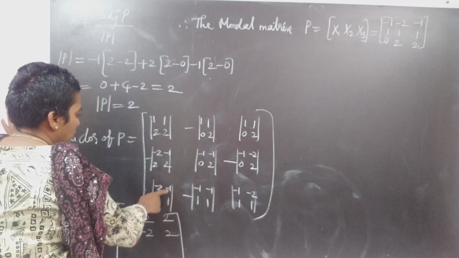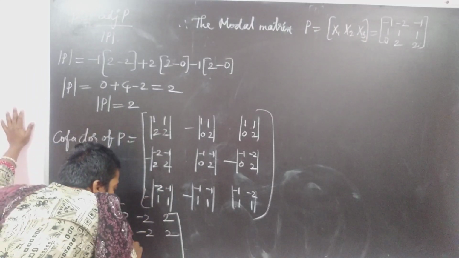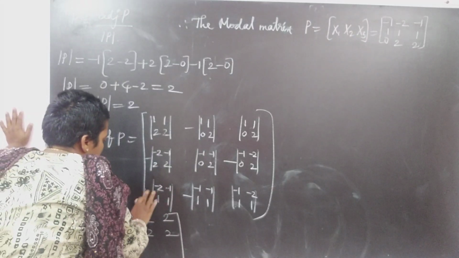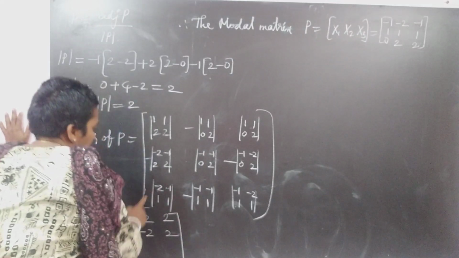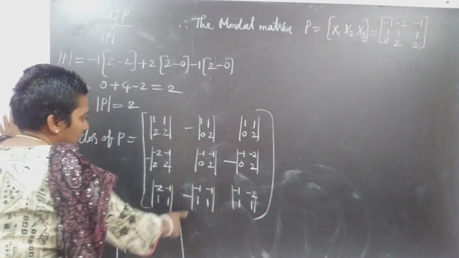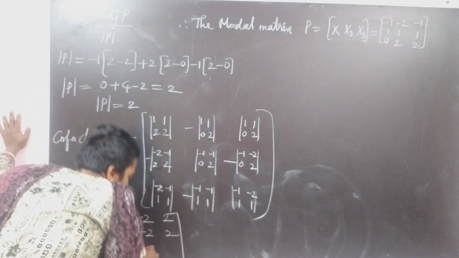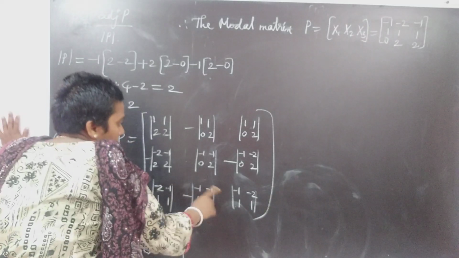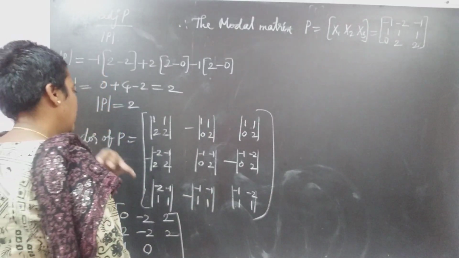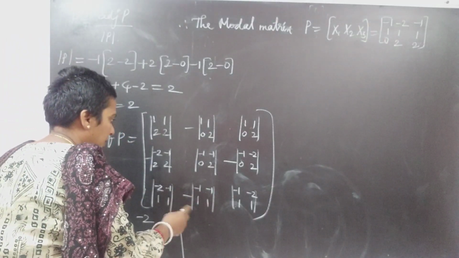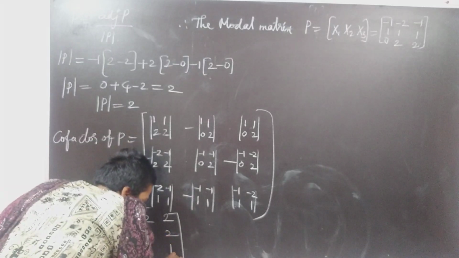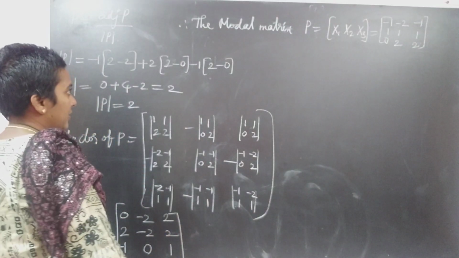It is minus 2 plus 1, minus 1, minus 2 plus 1, minus 1, minus 1 plus 1, it is 0, minus 1 plus 2, minus 1 plus 2, 1. It is a cofactor matrix.